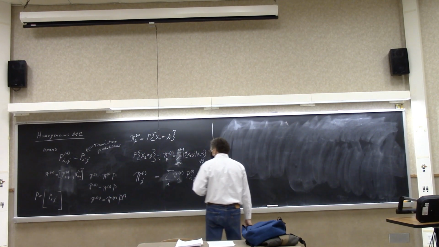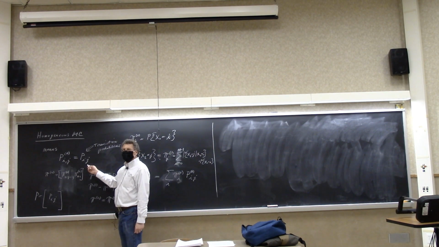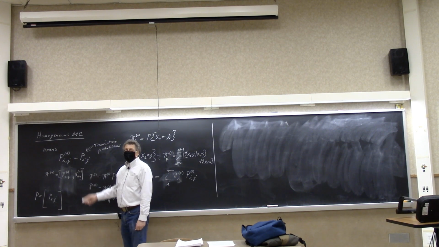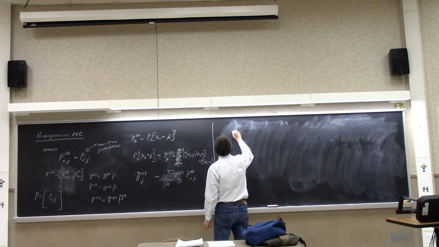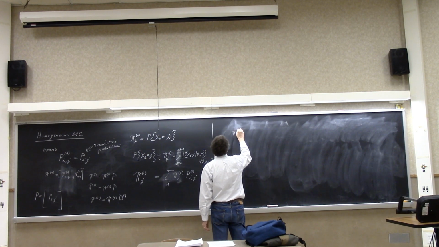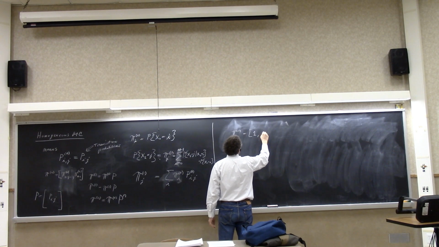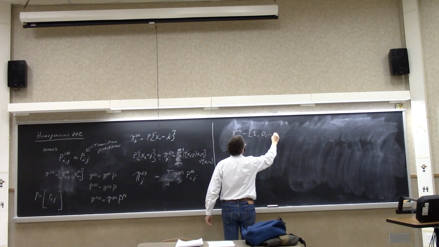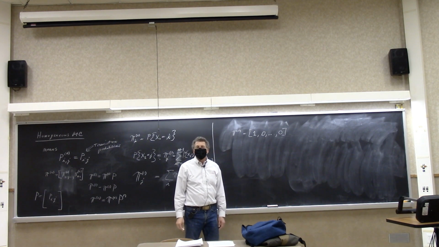Now, the question I was asking: is this homogeneous necessarily? Well, I can set pi 0 to anything I want. Let's say I set it to 1, 0, 0. What does that mean?